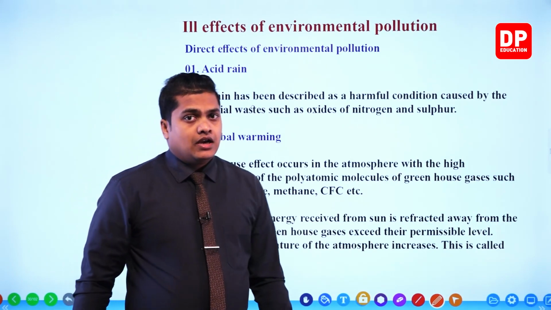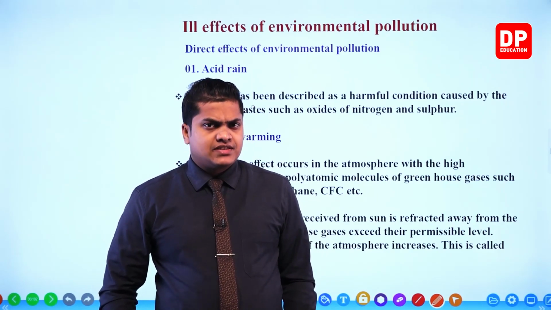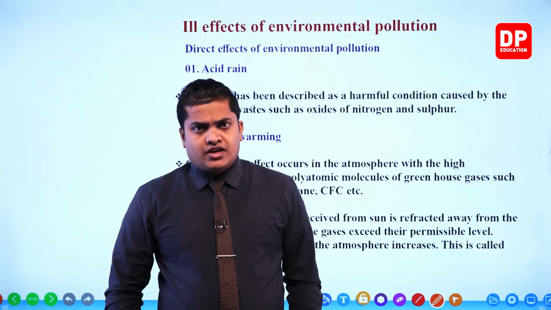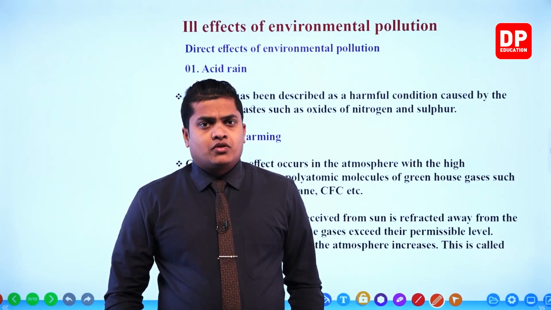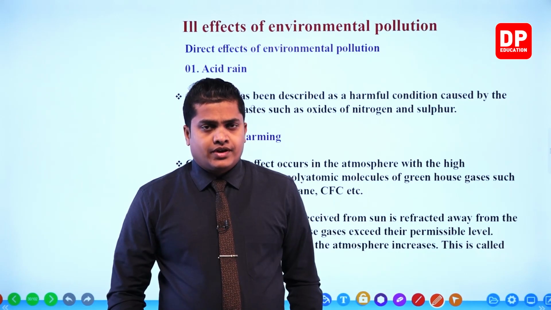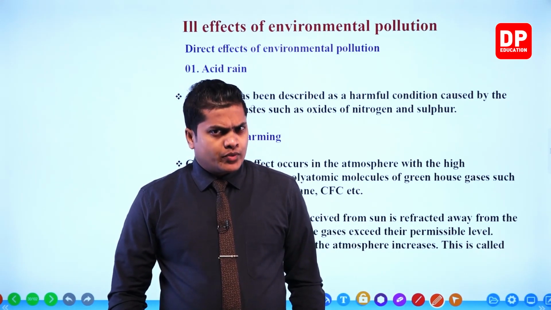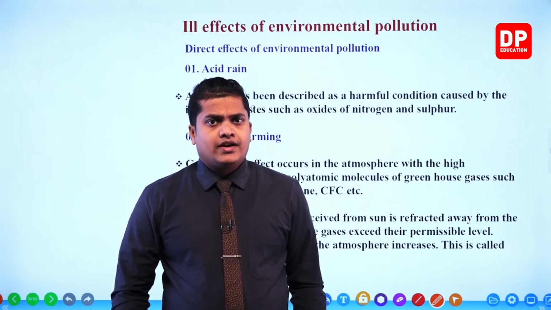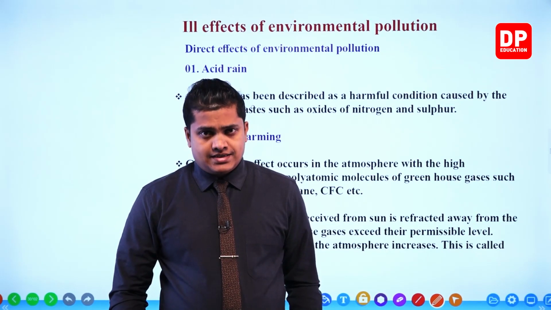Acid rains are caused by the release of a large amount of sulfur dioxide gas and oxides of nitrogen. When these are released excessively to the environment, acid rains are created. Here, these oxides dissolve within rainwater and come down, which is referred to as acid rain.